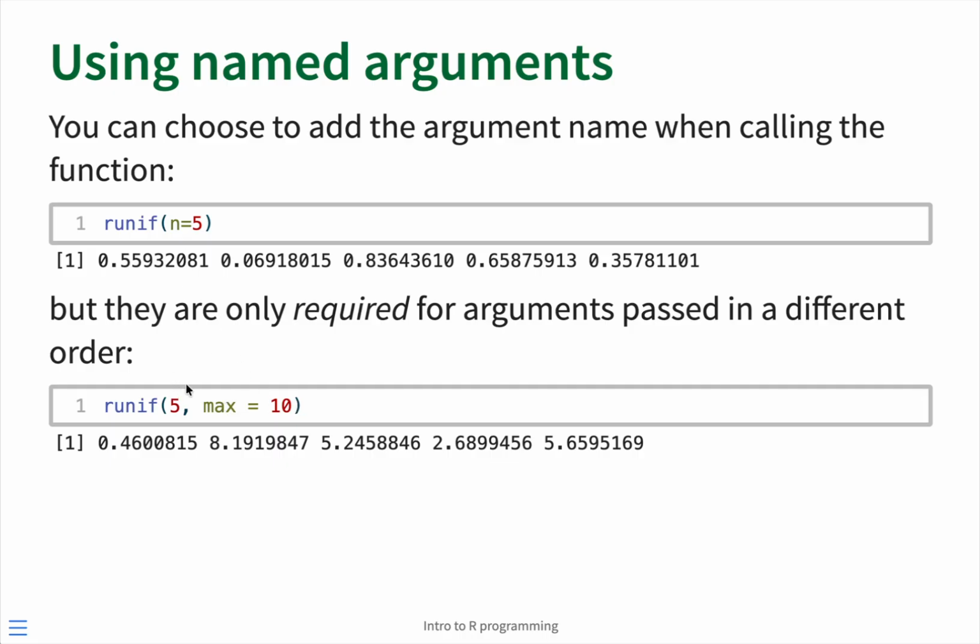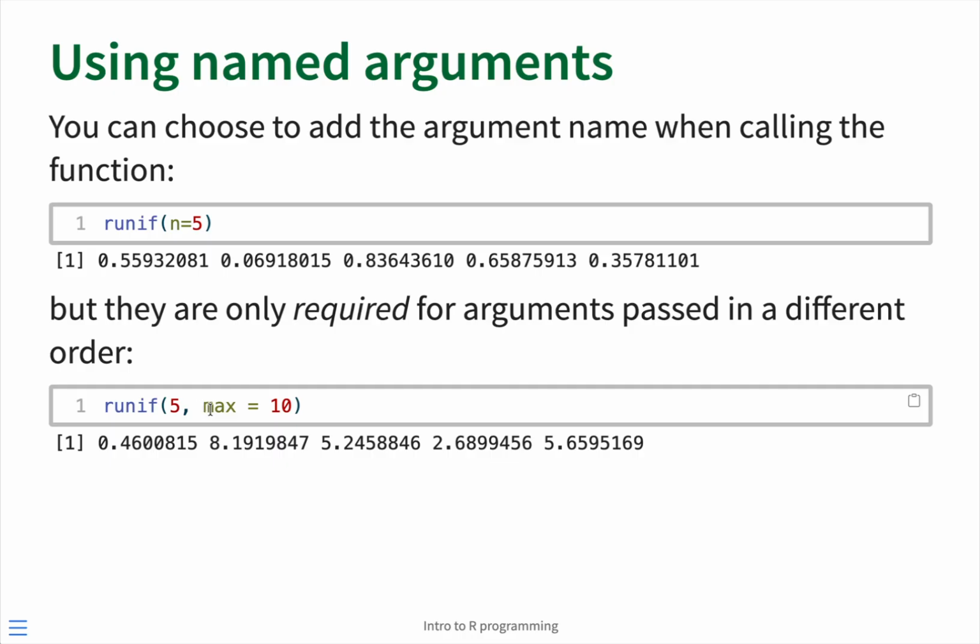So because n is the first argument of runif, we can leave it off here in this second example, and R then assumes, okay, this first argument 5, it's going to pass it to the n argument, right?